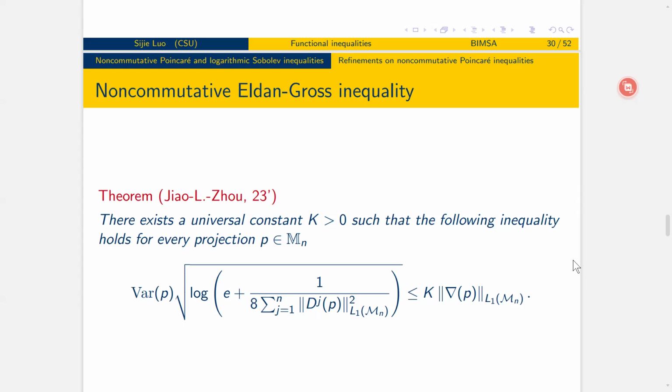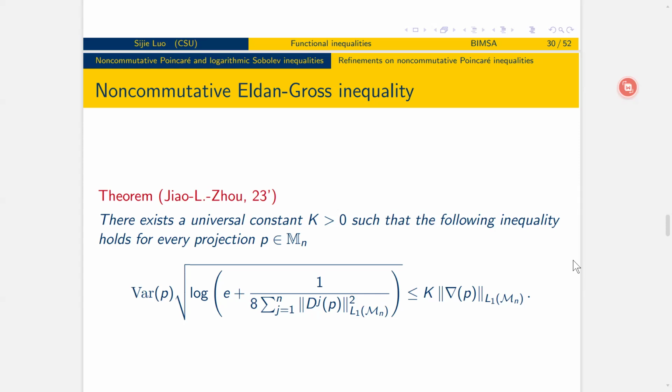A Boolean function is a function defined on the hypercube with values only 0 or 1. How to reformulate this in the non-commutative setting is a very simple candidate. It's a projection, right? So we should prove such a result for every projection in the CAR algebra. So we get the Eldan-Gross inequality.